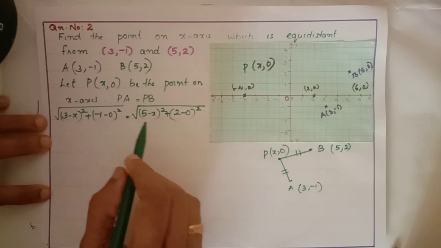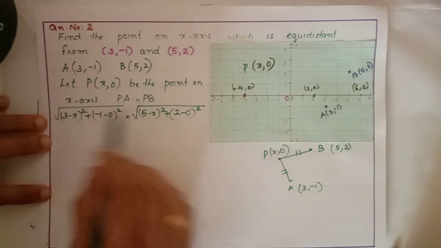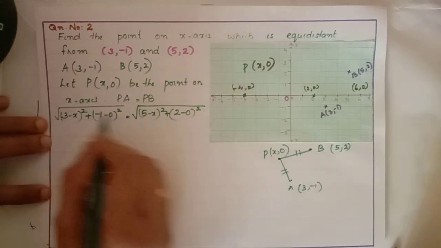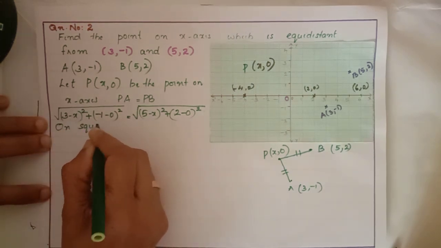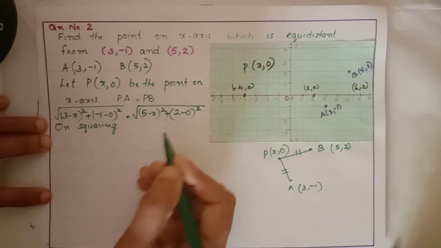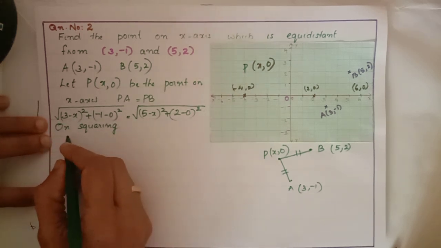Okay. Now what we have to do? We have to avoid the square root symbol. For that we have to square. Isn't it? So on squaring, we have to square both sides.